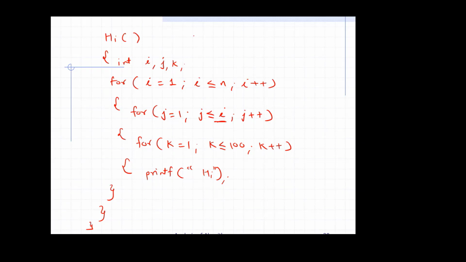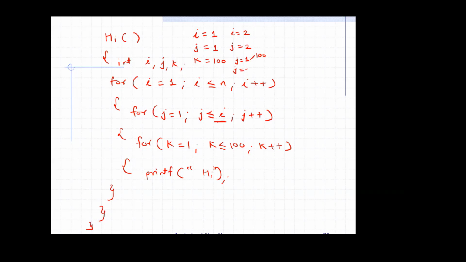So now let's assume what happens when i is equal to 1. How many times will j execute? Once. How many times is k going to execute? 100. Okay. Now i becomes 2. How many times is j going to execute? 2 times. So when j is 1, it is going to print hi 100 times.